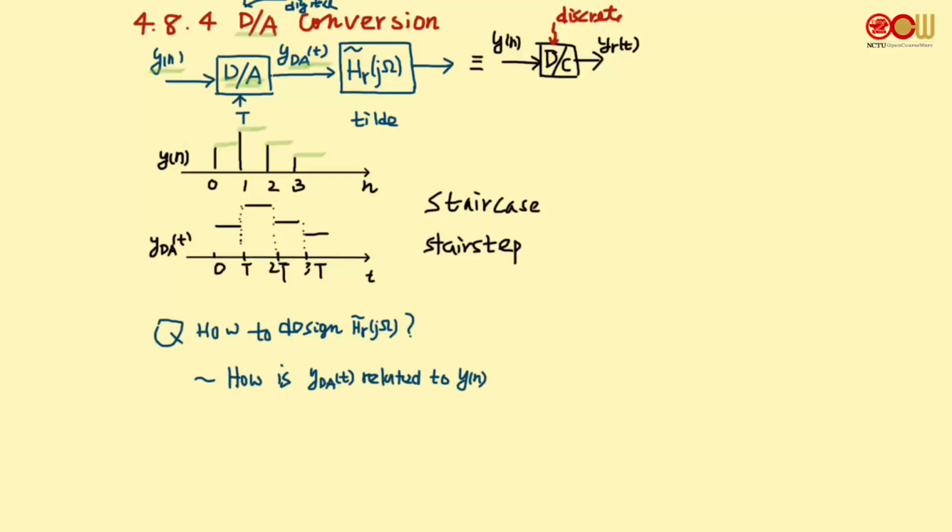We know how they are related in picture, but can we find a mathematical expression to describe their relation? And for the design matter, usually we do it in the frequency domain, right? So we would like to know how Y_DA(j omega) is related to the Fourier transform of the y sequence.